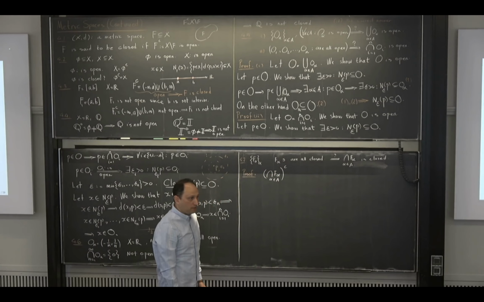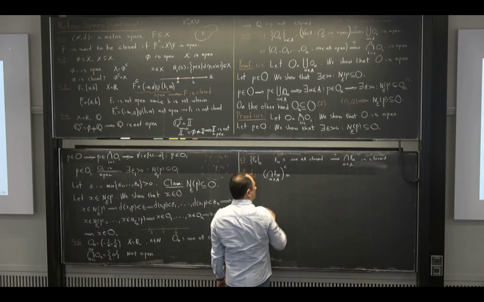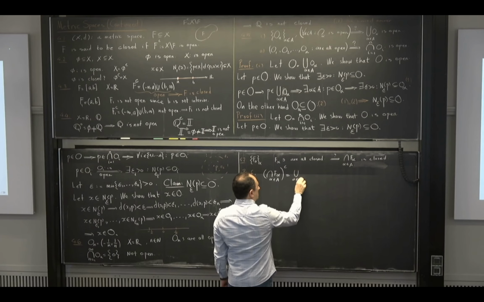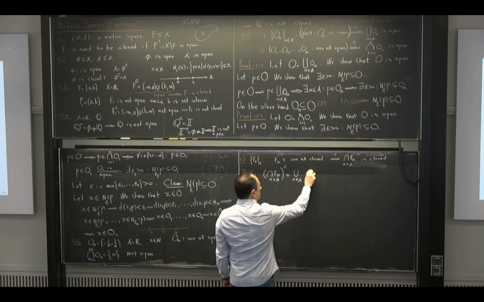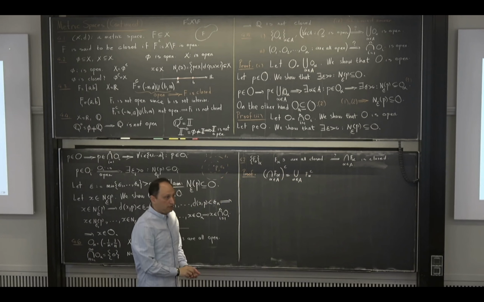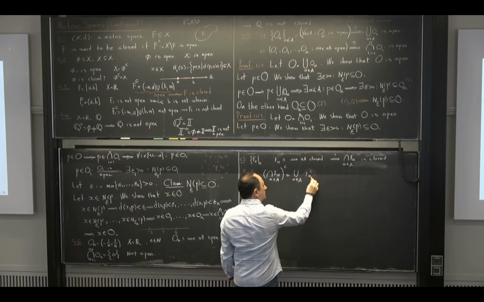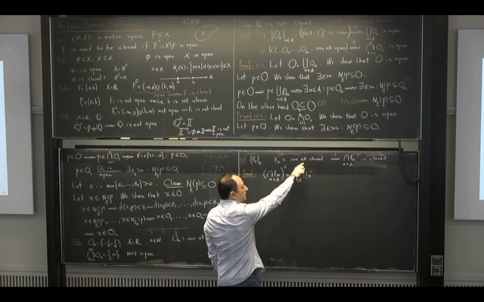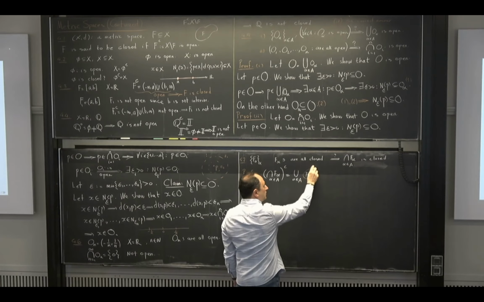Yes, but what is the answer? According to De Morgan's law, this turns into a union, and every one of them becomes a complement. Okay? But what type of set is this? Because F_alpha is closed, F_alpha complement is open.